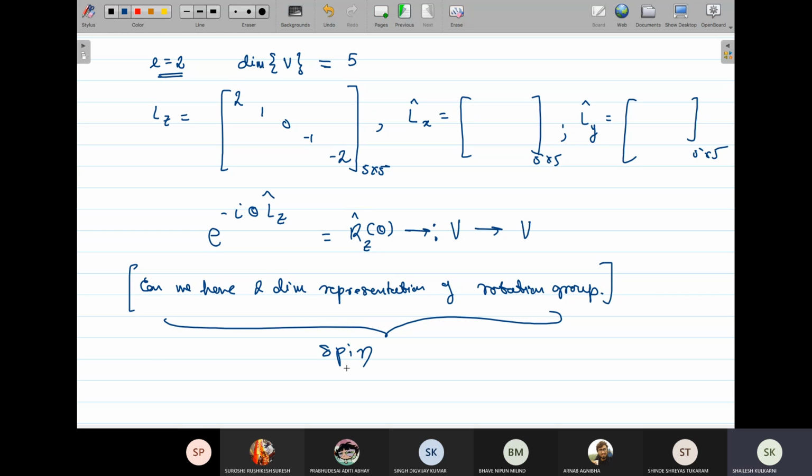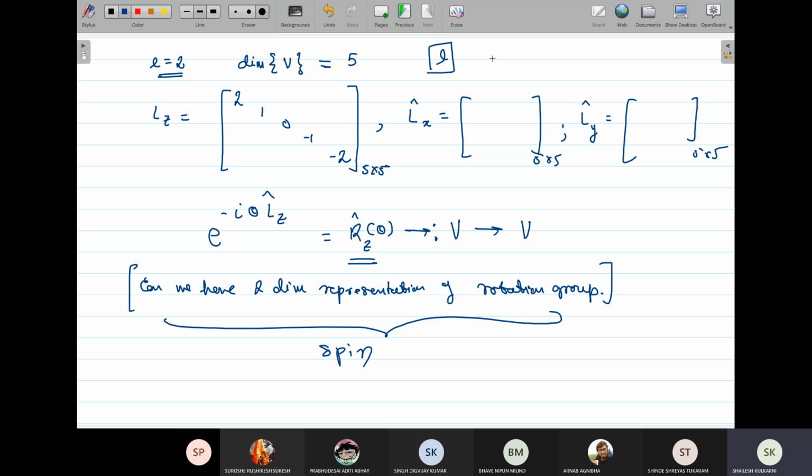Your angular momentum quantum number L, small l, is sufficient to specify the representation. Suppose you specify L equal to 3 or 4. The moment you give me this value of L, I can construct these matrices, and hence I can construct this representation. So in this rotation case, L is sufficient to specify a representation.